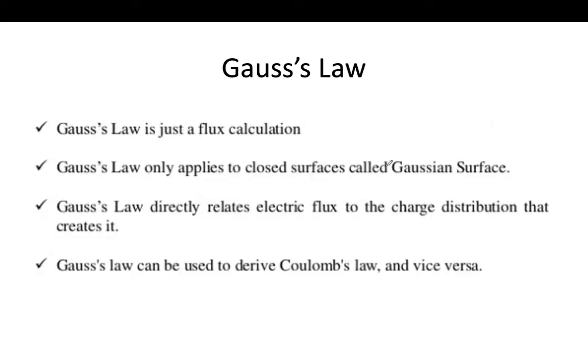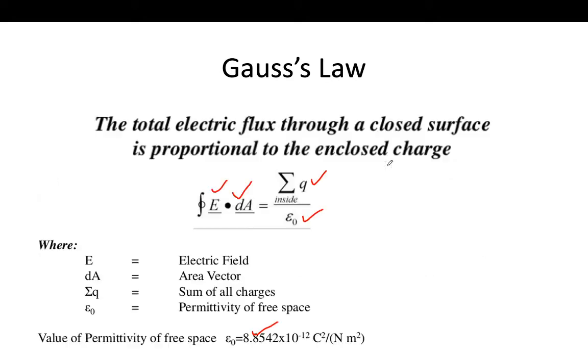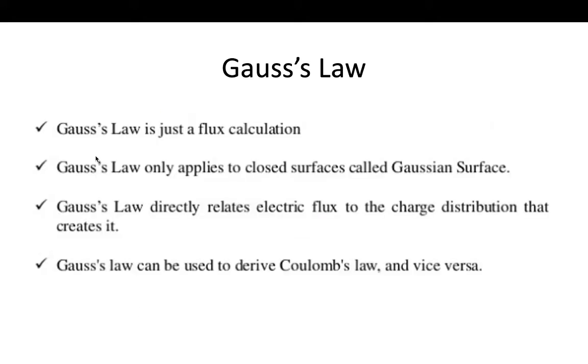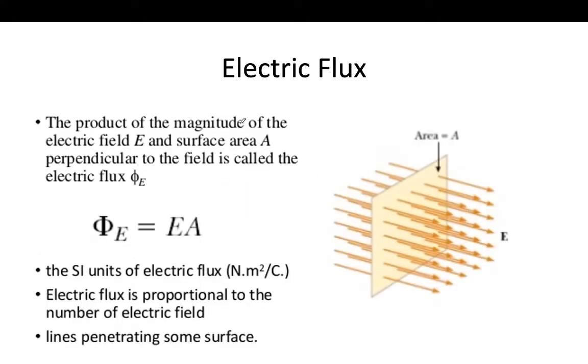Okay, Gauss's law is just a flux calculation. This definition is as per the formula. You can say the total electric flux through a closed surface is proportional to the enclosed charge, because it is nothing more than a flux calculation.